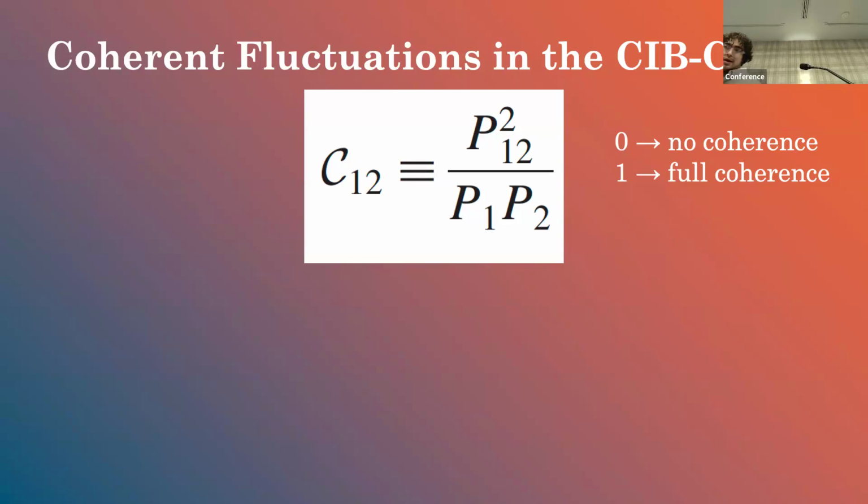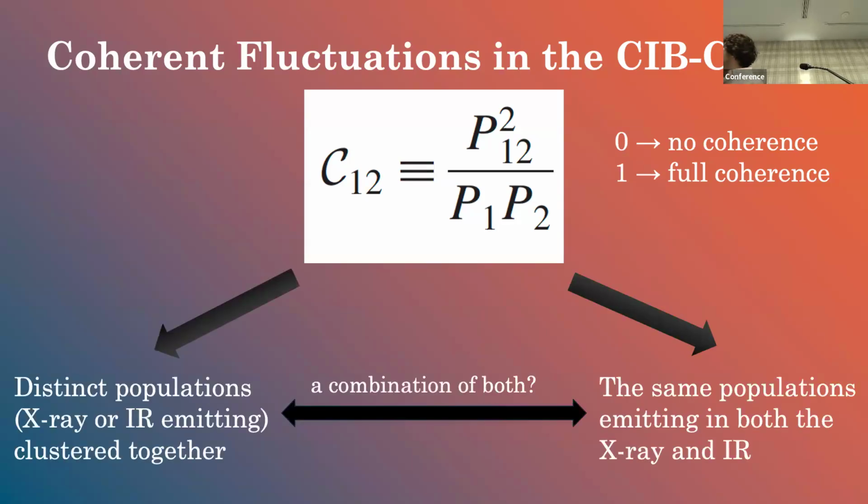There are two different extreme scenarios. One being that the infrared background traces star formation and the X-ray background traces AGN, and the cross-power signal is essentially the clustering of these different populations in the same large-scale structures, occupying the same dark matter halos.